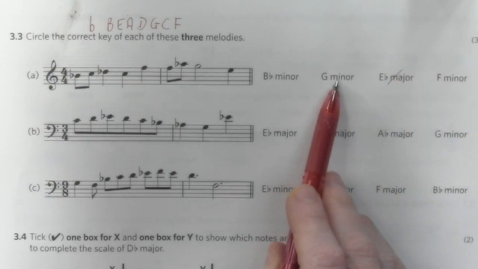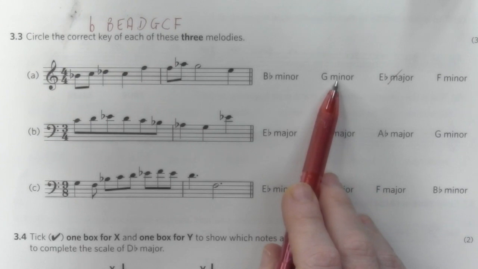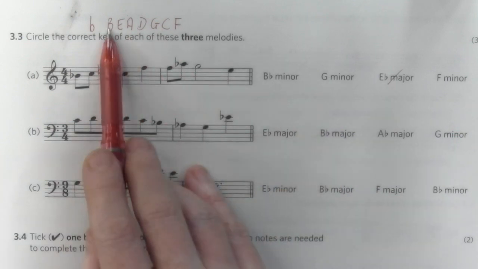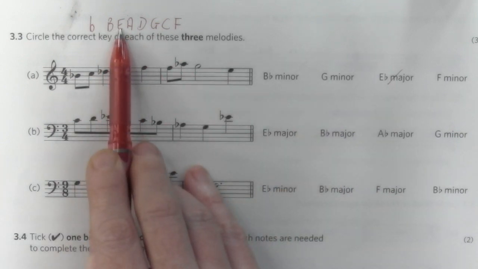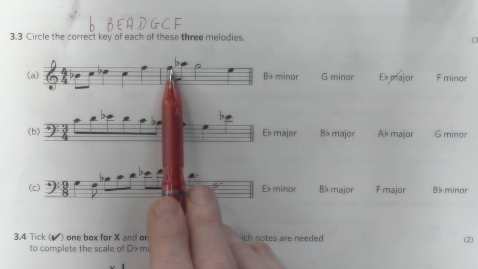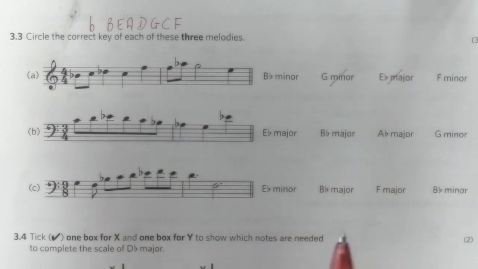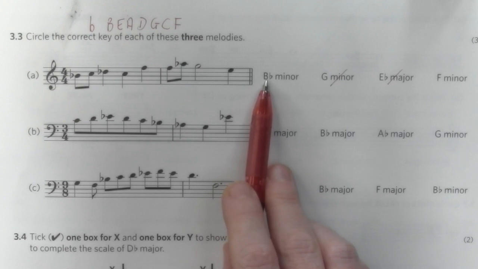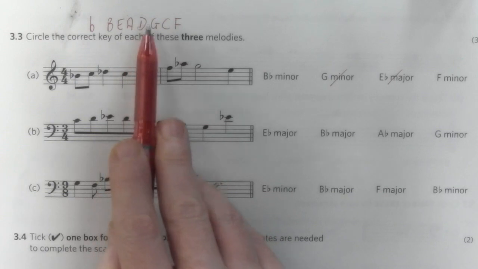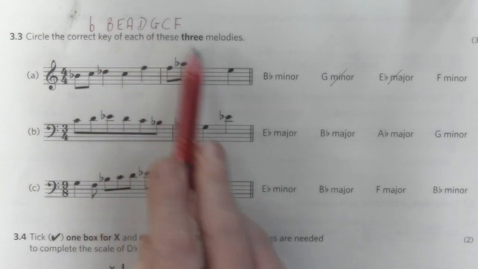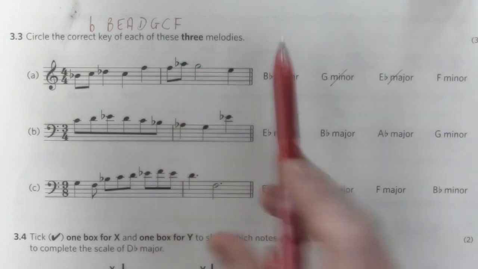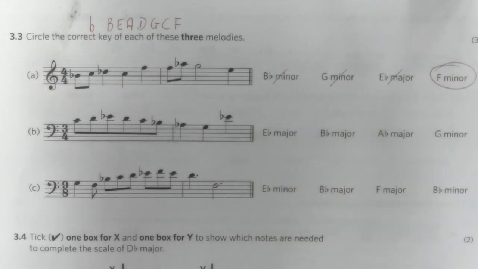In G minor, we would have only 2 flats because it's the relative minor of B flat, 3 semitones above, and B flat has only 2 flats, and also the leading note is Fa sharp, so this should have been sharp, so we can't be in G minor here. B flat minor is the relative minor of D flat, 3 semitones above, and D flat plus 1 has 5 flats. So G should have been flat here, so it can't be. Our answer is F minor.